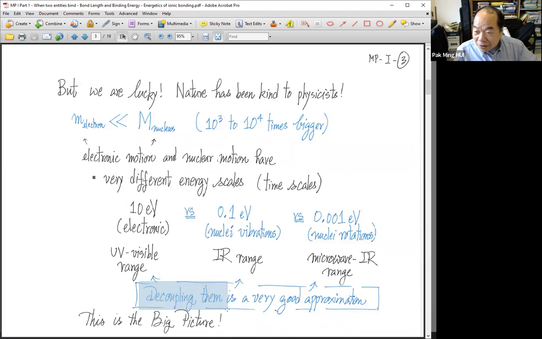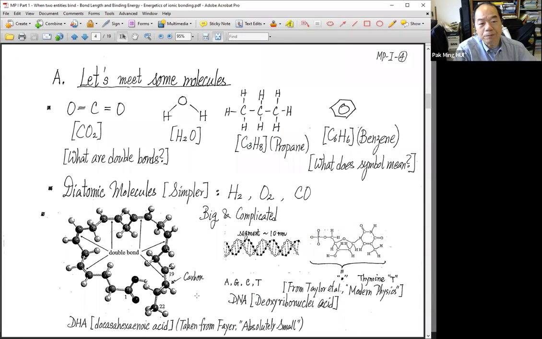Nature allows us to decouple the problem and consider them one by one, instead of a whole molecular physics problem. So this is the big picture. We will continue to justify this picture after we do more analysis, and then we have more concrete formulas to plug in some numbers. But at the outset, it is good to have this big picture to carry with you.